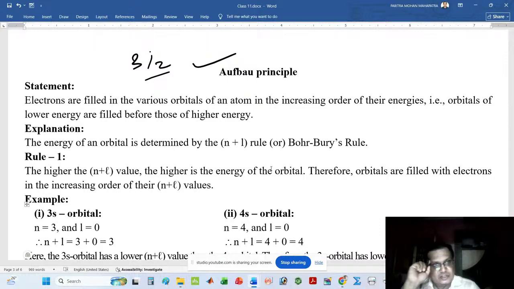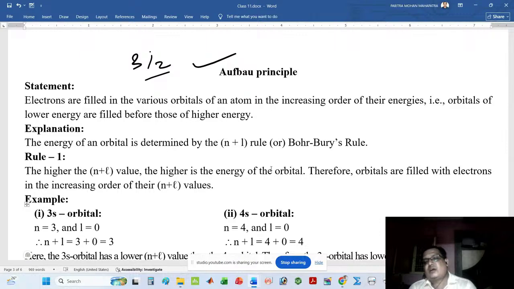According to the Aufbau principle, the electrons are filled in various orbitals of an atom in the increasing order of their energy. That means orbitals of lower energy are filled before those of higher energy. Again, I want to repeat: at first, give the electron to the orbital which has the lowest energy.